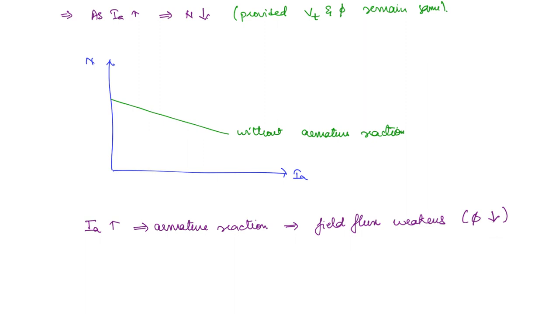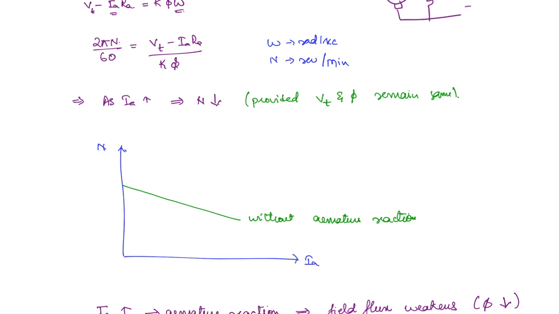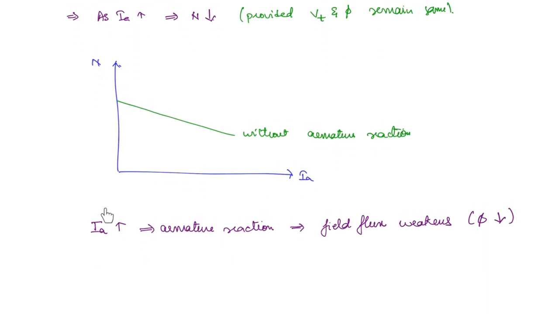Because of this, what will happen? As the field flux decreases, you can see from the expression what the effect of change in flux on the speed is. They are inversely proportional. As flux increases, speed will reduce. As flux decreases, speed will increase. So now, as armature current increases, armature reaction will increase, and the field flux will as a result weaken.